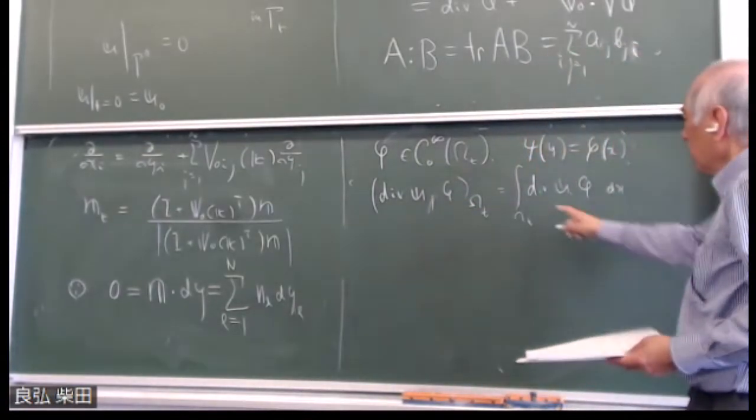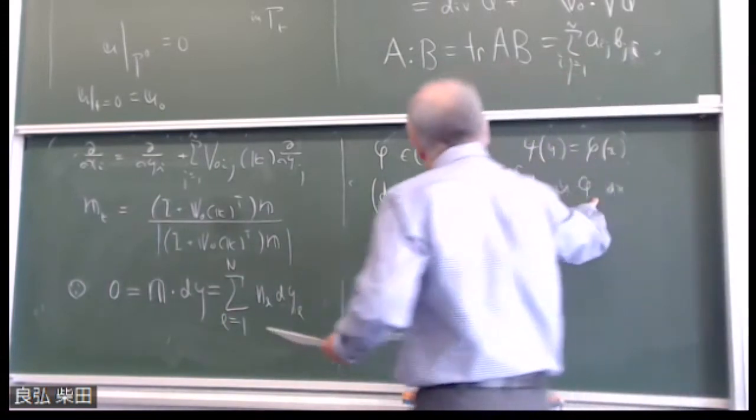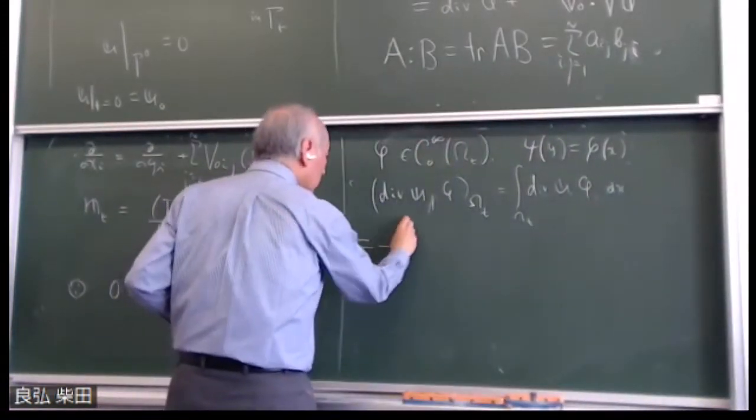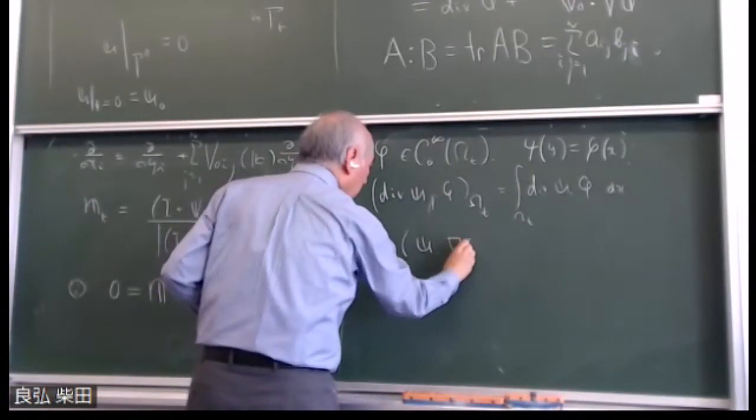Then this divergence phi is a C0 infinity function, so the divergence comes to here. So minus u over phi.